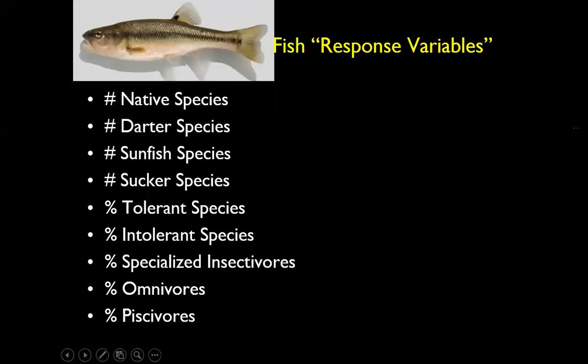In case you're curious, what fish is this, you guys? Nice try. What might tell us that this isn't a darter, though? Where should we look first? So you look at the dorsal fin. Darters are in, this is a great review, you guys, what order are darters in?